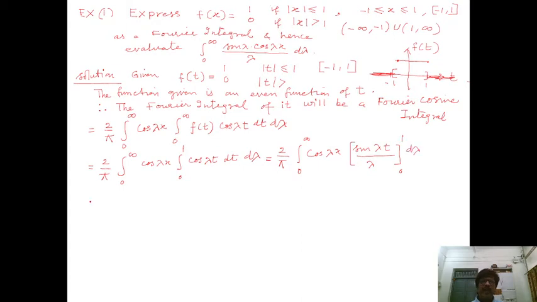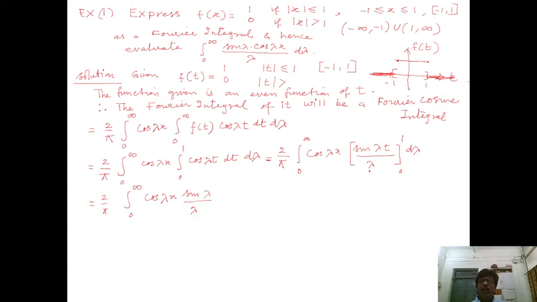Now we shall employ the limits. Now 2 upon pi, integral 0 to infinity, cos of lambda x into, for t equal to 1, it is sine lambda upon lambda.